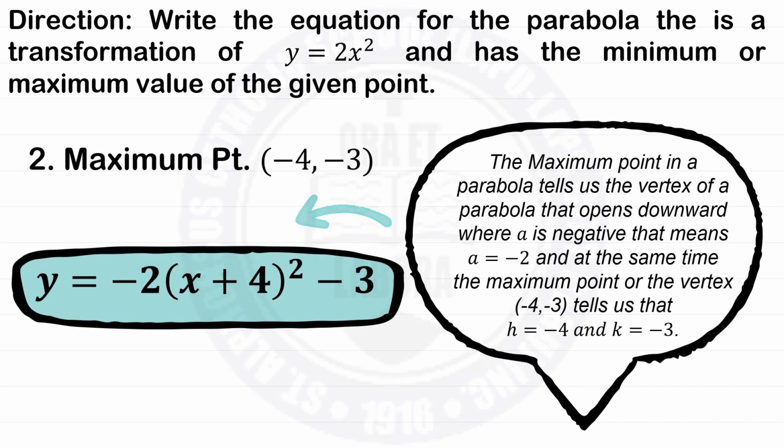That means a is negative 2. At the same time, the maximum point or vertex (negative 4, negative 3) tells us that h is negative 4 and k is negative 3. So the equation will be y equals negative 2 times quantity x plus 4 squared minus 3.